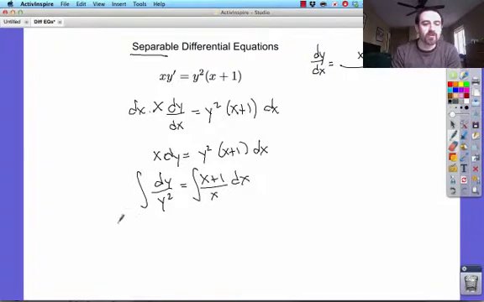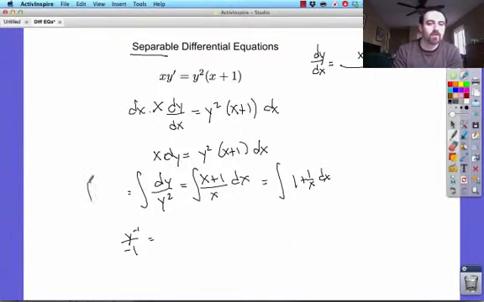Okay? All right, so what I have here, this is 1 over y squared, or y to the negative 2. So I'm going to get y to the negative 1 over negative 1 equals, and this is x over x plus 1 over x. So the antiderivative of, I'll rewrite that for you, 1 plus 1 over x dx. This one over here is y to the negative 2 dy.